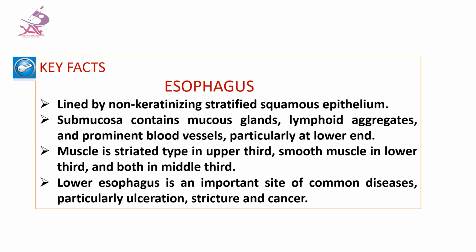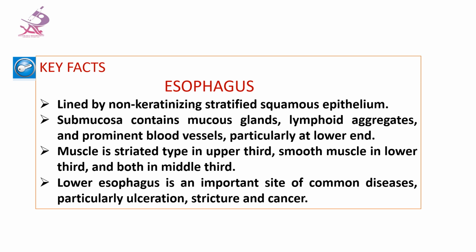Let's summarize the key facts you must remember about the esophagus. Esophagus is lined by stratified squamous non-keratinized epithelium. Submucosa contains mucus glands. Muscle is striated, which means skeletal, in the upper third, mixed in the middle third, and the lower third is purely smooth muscle fiber.